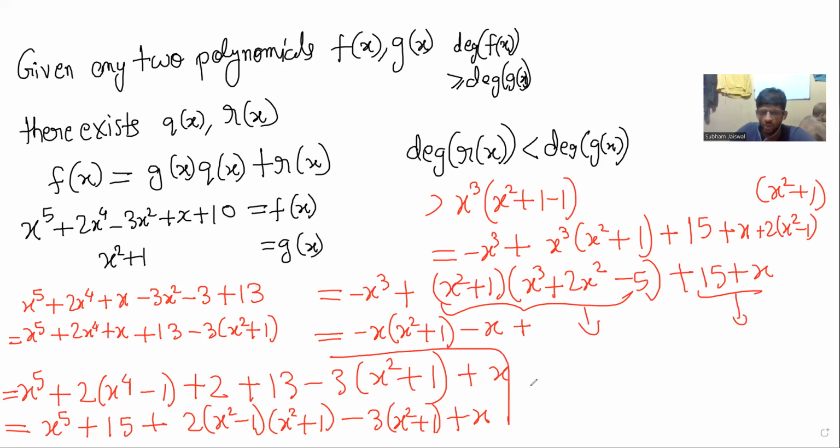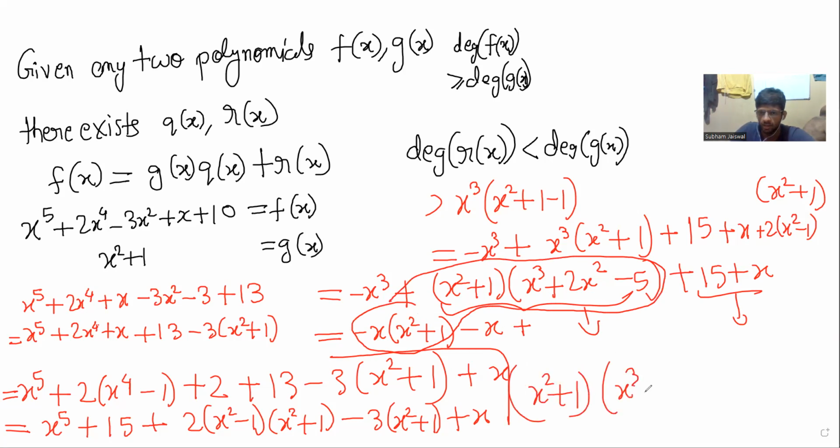And as you do it, you will see that again you get one more chunk, right? This will be the total chunk of x square plus 1 is x square plus 1, and this is the remainder. Yeah, minus x. No, this is the quotient, sorry. And the remainder is the residue, this part, and this part, right? So it turns out to be only 15. The next gets cancelled.